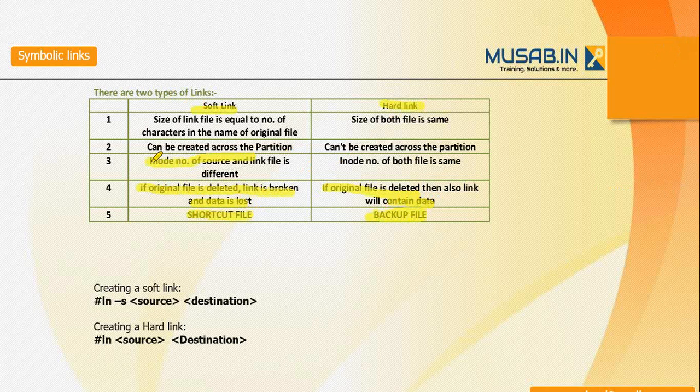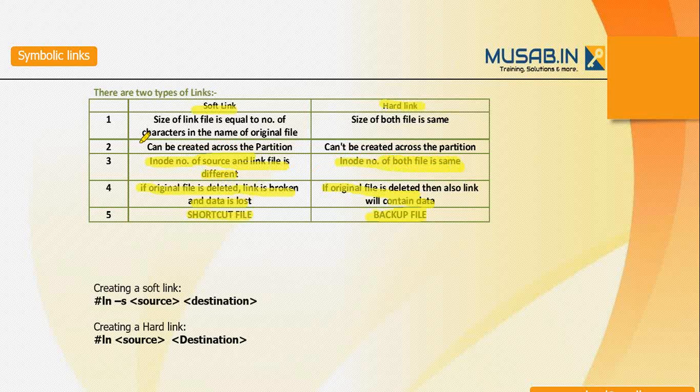So the inode number of source and link file is different when it comes to soft link, whereas in case of hard link, the inode number of both files, original file and the link file, will be same.